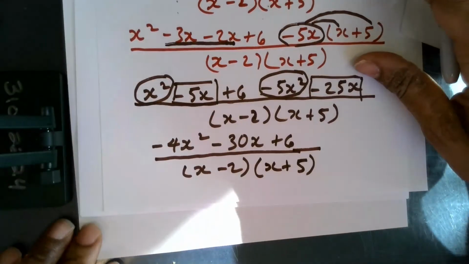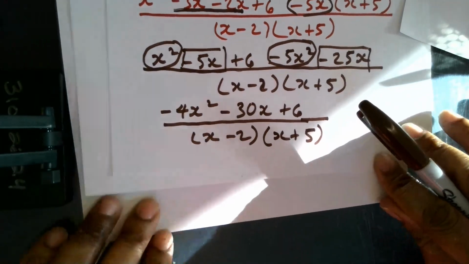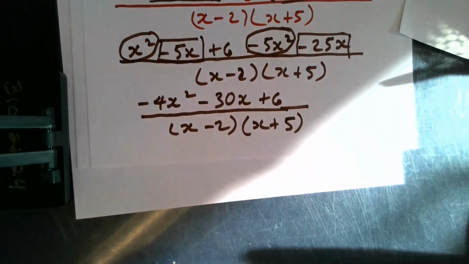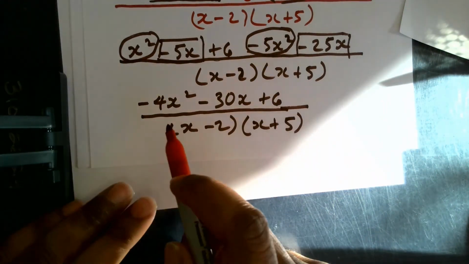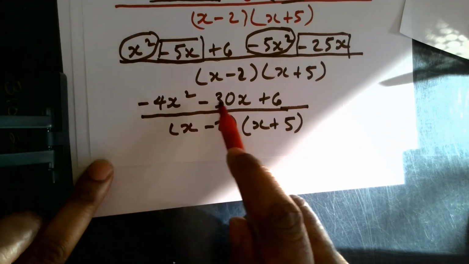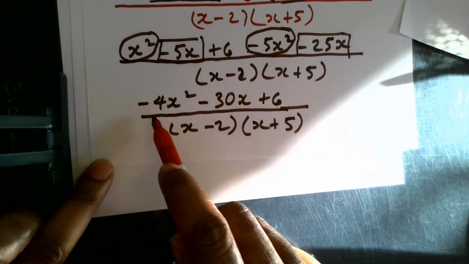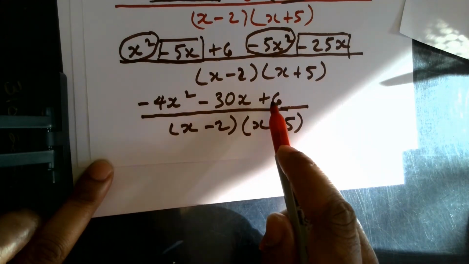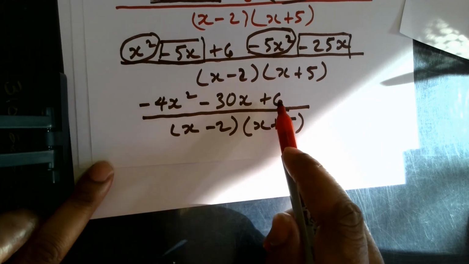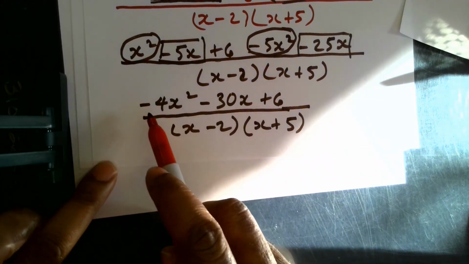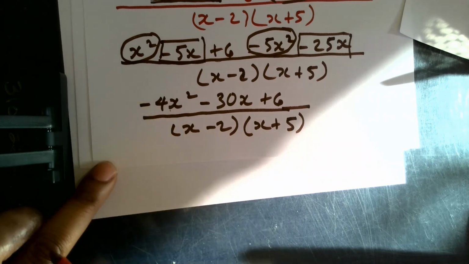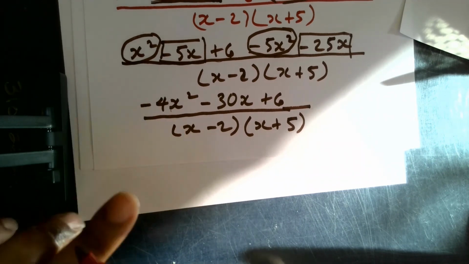Now looking at my result here, I have a quadratic expression at the top. If I wanted to, I could factor out a negative 2 if I wanted to, but I'm not going to do that here.